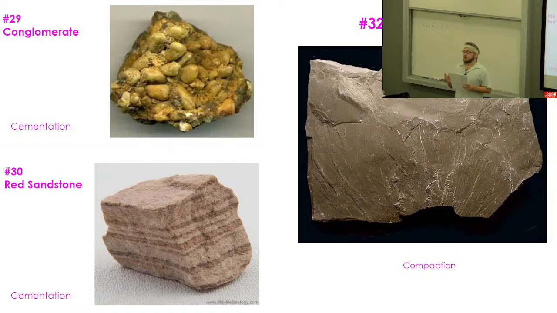So conglomerates contain at least 51% gravel, so its particle size is gravel size. Sandstone, our example of red sandstone, contains at least 51% sand, so that's why it's classified as a sandstone.